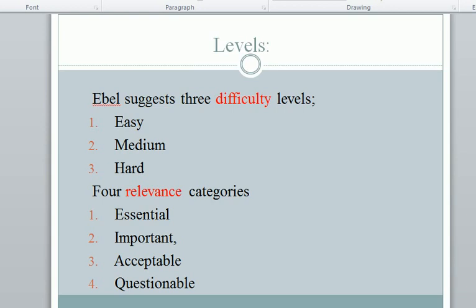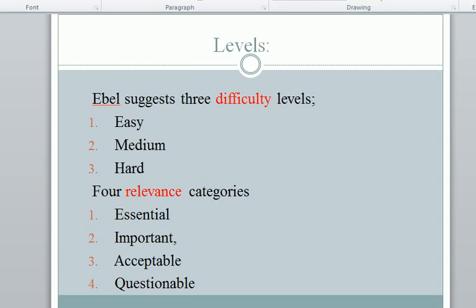The first criterion is the difficulty level of the item. So there are three categories or three levels of items. Number one, easy difficulty level. Number two, medium difficulty level. Or number three, hard difficulty level.